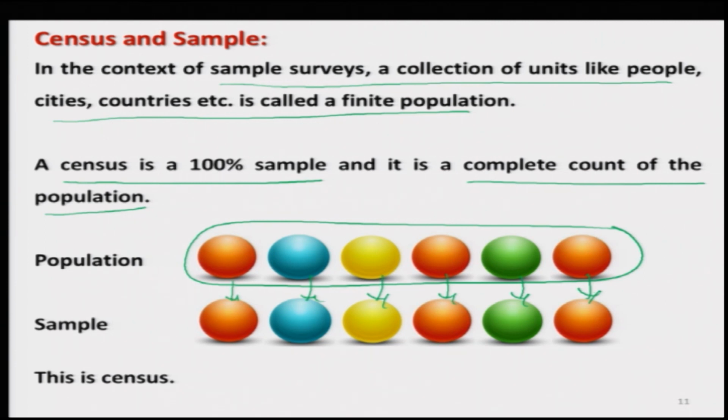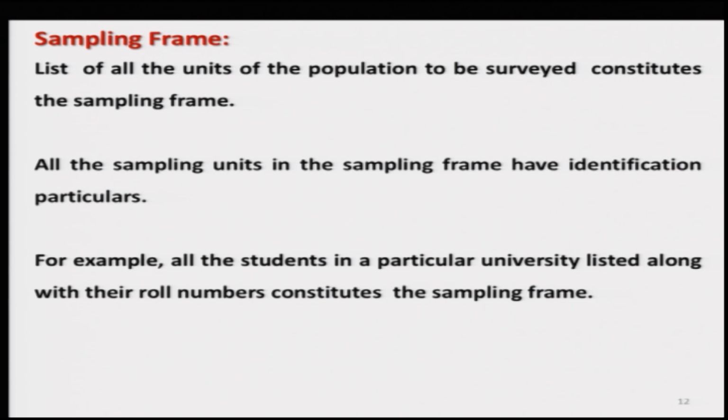So, in this case the sample and the population are exactly the same. We have drawn a sample of the size of the population and no unit has been replaced back. So, this is actually a census. This is basically the relationship between census and sample.